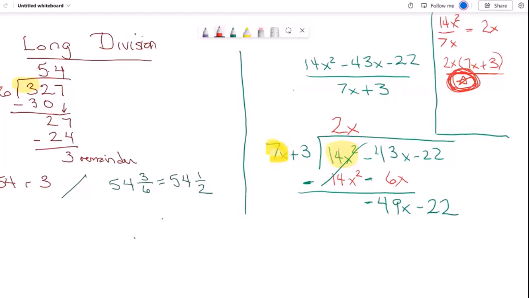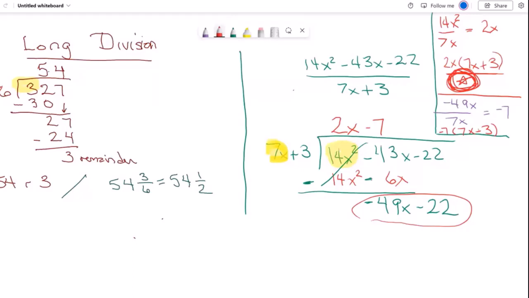That's the first step. Now I'm going to just continue to do the same thing as many times as I need to. I'm here, and I say leading term over leading term. Leading term is minus 49x divided by 7x. Negative 7 is the answer. I put minus 7 here. And then I multiply minus 7 times 7x plus 3.